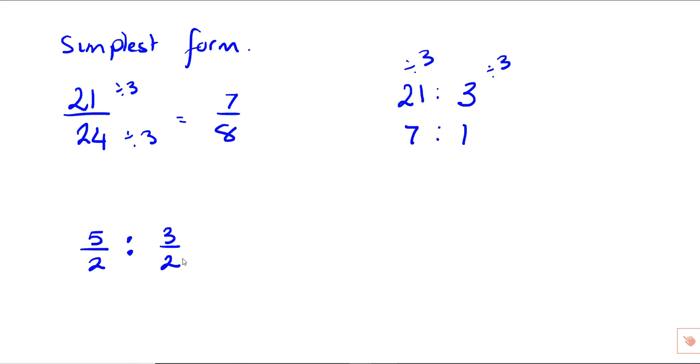They can have fractions in them, they can have decimals. Fractions can't, but ratios can. So simplest form of a ratio is still the lowest whole numbers we can have. So what would it be in this case? This is not simplest form.